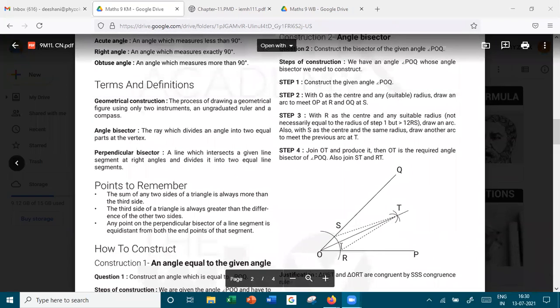Okay. But the basic justification is the same for all, because you will be getting two triangles and you prove them congruent.